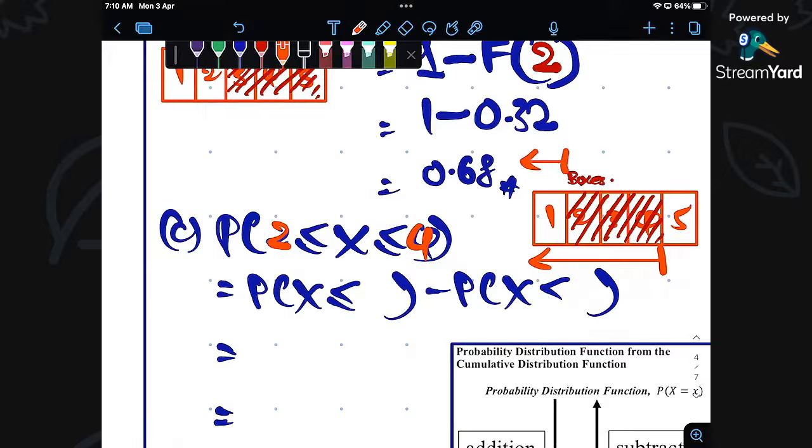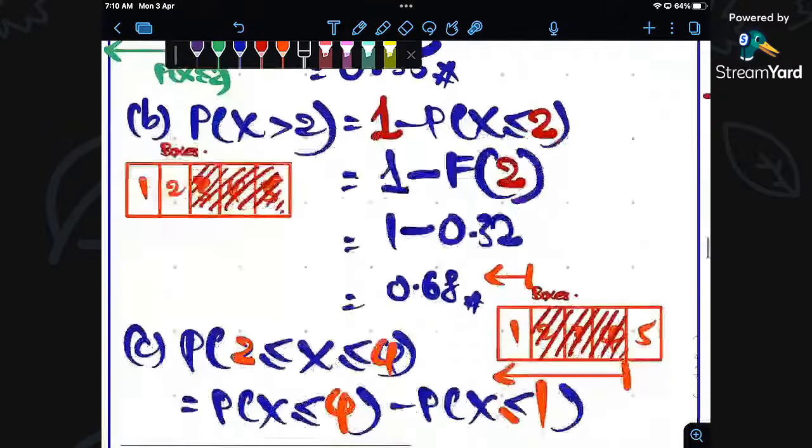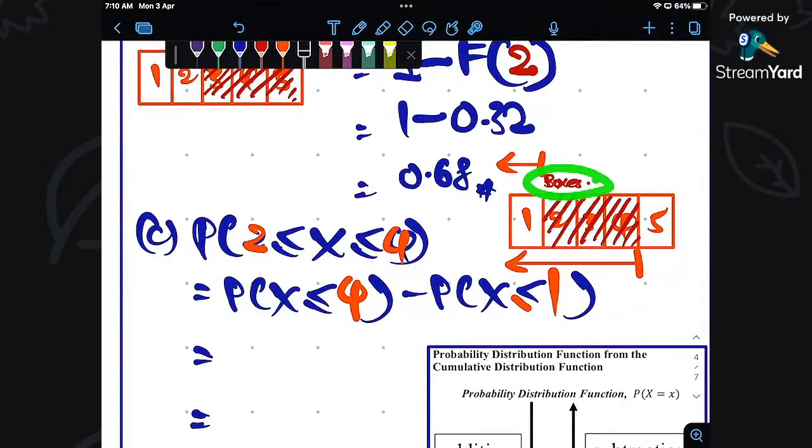Yeah. Again, 4 to the front, which is P(X) less than or equal to 4, minus P(X) less than or equal to 1, with the equal sign here. So that's the formula. So you don't need to memorise these things anymore, you don't need to memorise this number 5 in your formula. So complicated, all this formula. You just need the boxes.